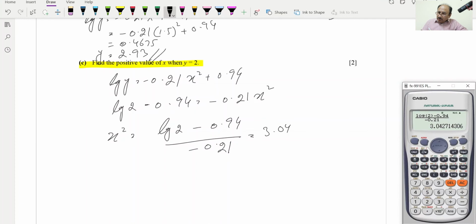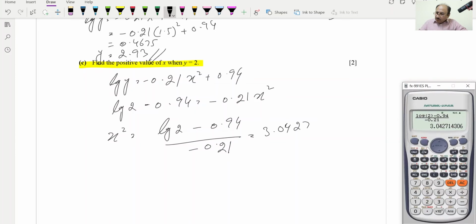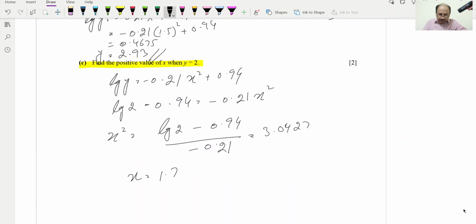And we can take the root. So the root of the answer is equal to 1.74. So x is equal to 1.74, and this will be the final answer.